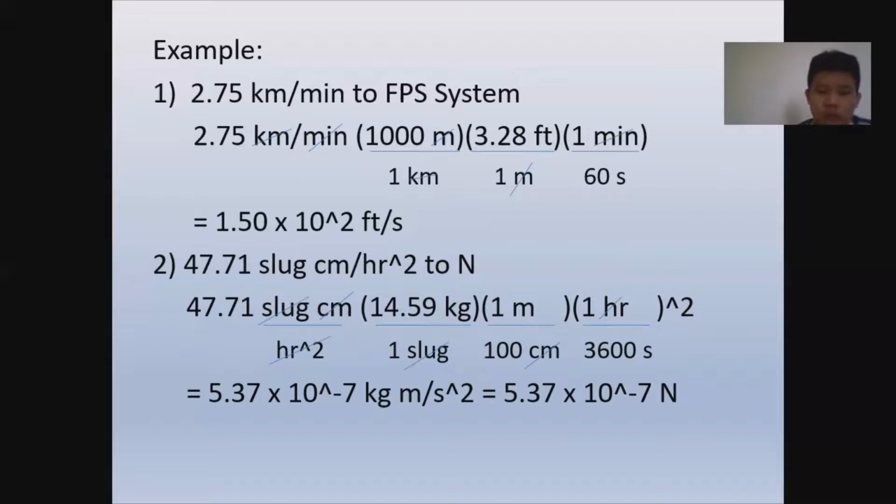First, we need to change the slug to kilogram, and then the centimeter we change to meter, and the hour we change to second. Why do we change it to kilogram, meter, and second? Because Newton is equal to kilogram meter per second squared.